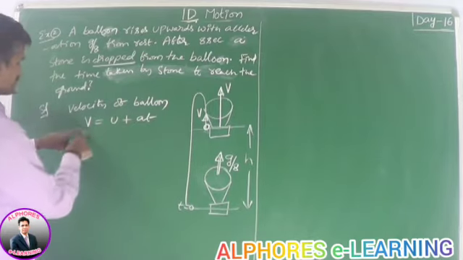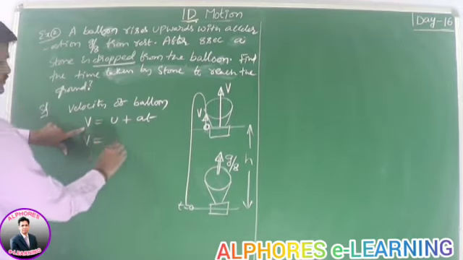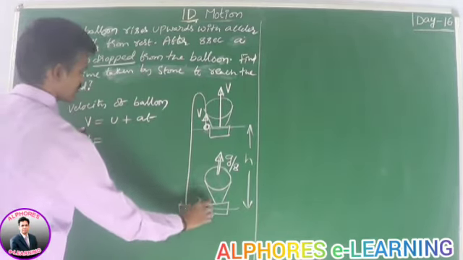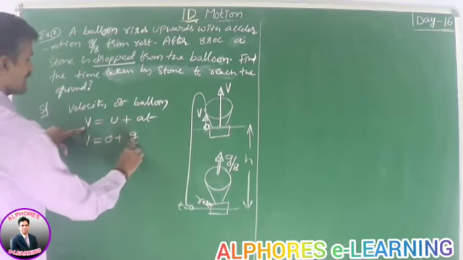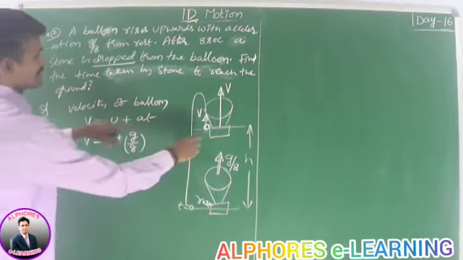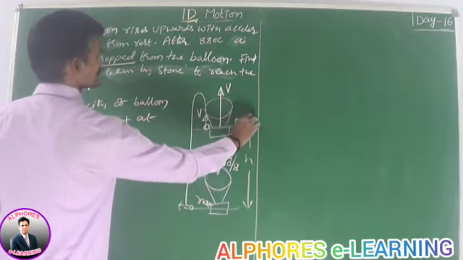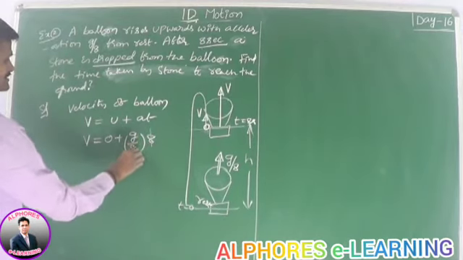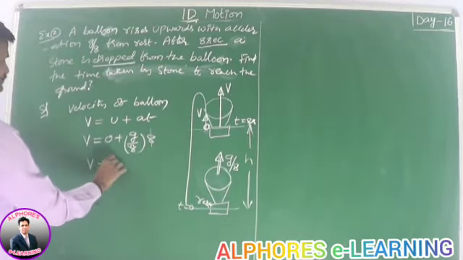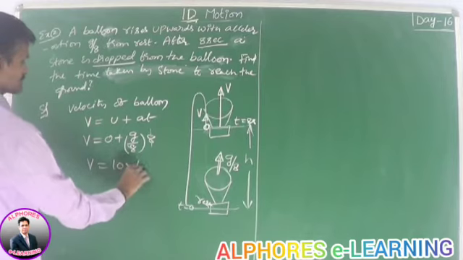I am using this equation. It is released from rest, so u is 0 plus acceleration g by 8, and time t is equal to 8 seconds. So this 8 gets cancelled. This velocity will be 10 meter per second.